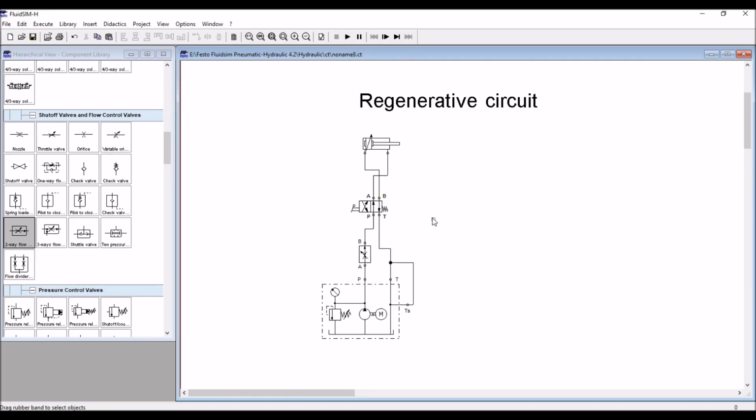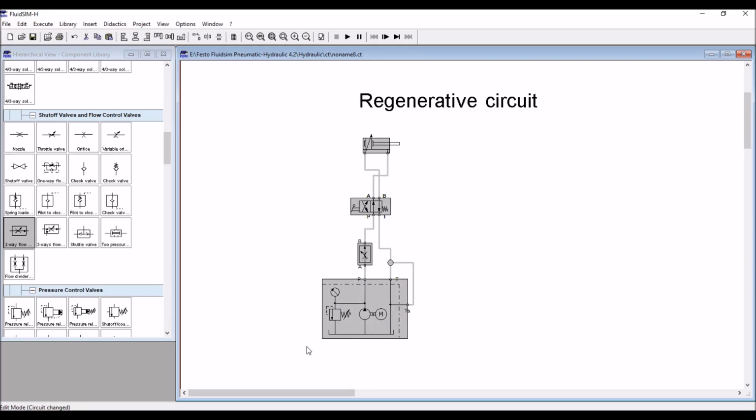Now regenerative circuit is, we are going to redirect the oil which is coming from rod chamber to piston chamber, so that extra flow rate will be there, so that piston moves faster than the normal circuit. So for that, you just copy this portion.